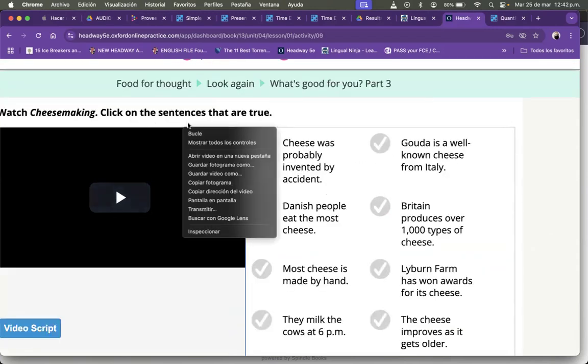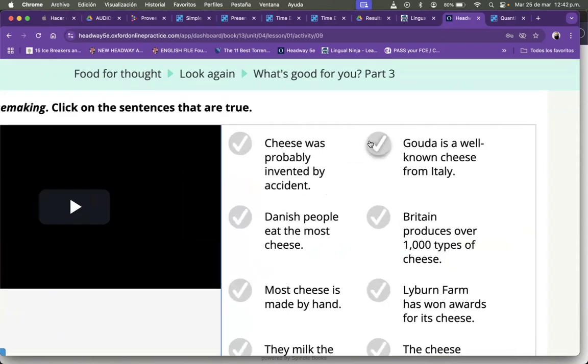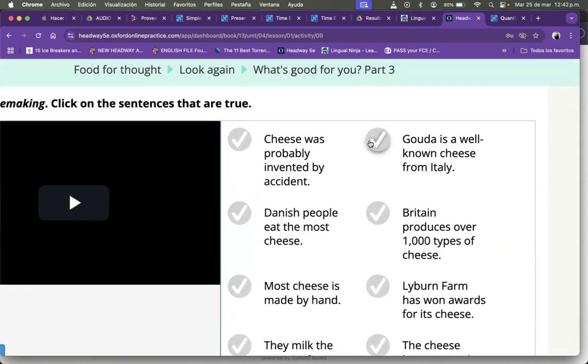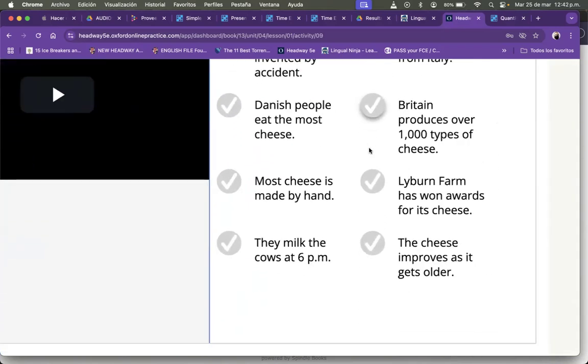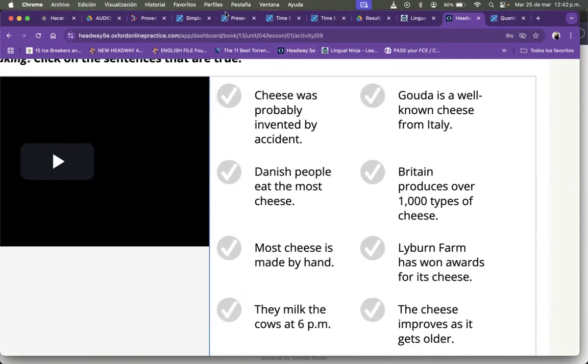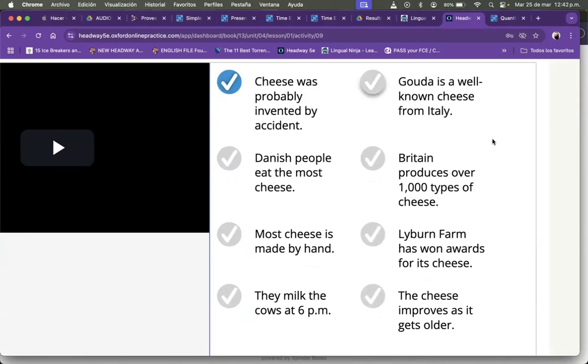So click on the sentences that are true about cheese. Which ones are true, guys? This was probably invented by accident. Which one else? ¿Qué más? The cheese improves as it gets older.